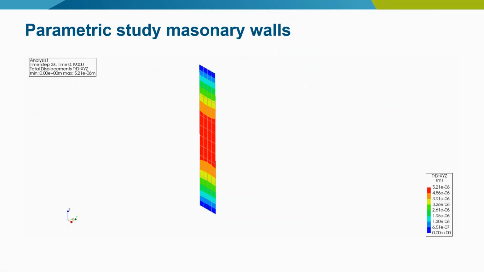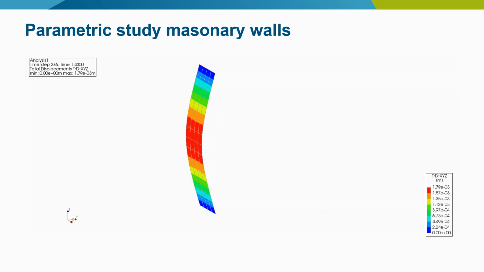To do this, I did analysis in Diana, doing nonlinear time history analysis to see what is the capacity of the masonry wall, and I included nonlinear material behavior of the wall.